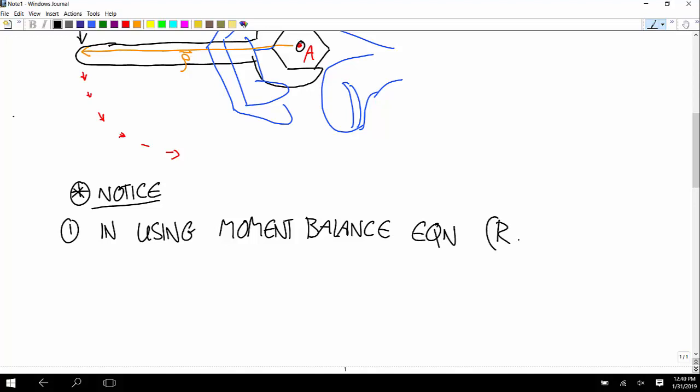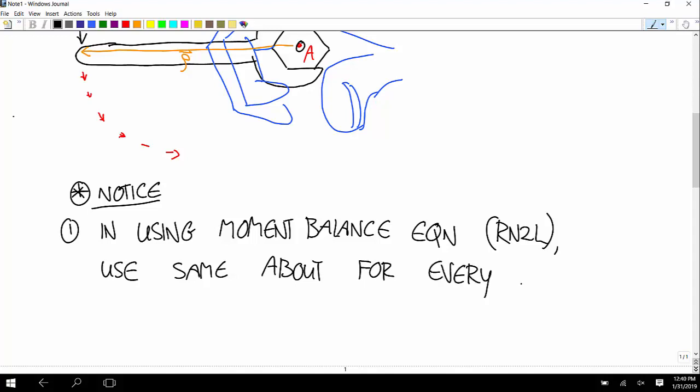That's what I'm going to call rotational Newton's second law, because I like abbreviations. You need to keep the same about point for every force in the equation, to calculate every moment.